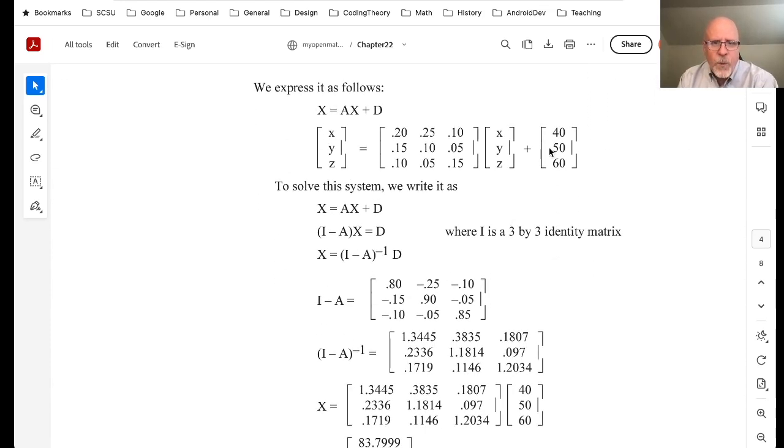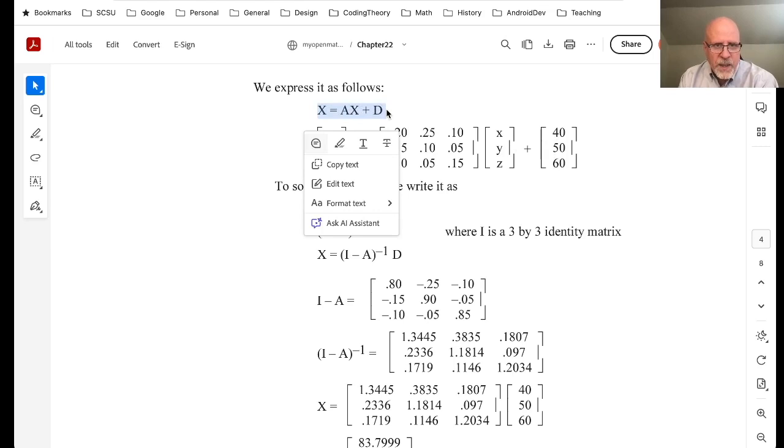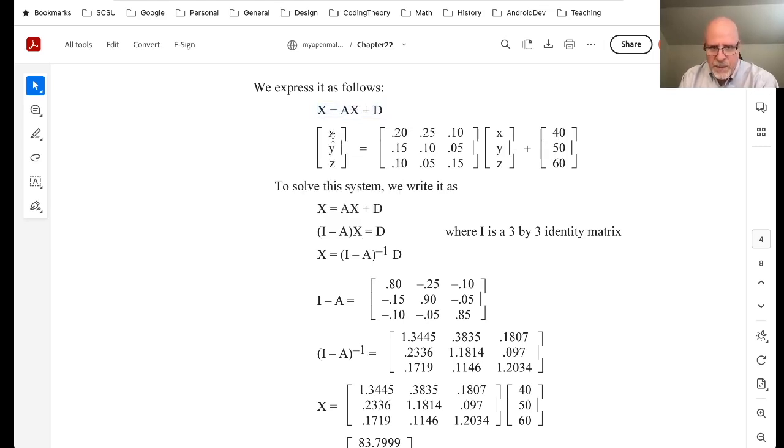All right. Here it is laid out in full form. You write it in an abbreviated way as x equals ax plus d. We've got a coefficient matrix that represents the intersegment demands, or intersegment production and consumption. Then we've got consumer demand out on the end.